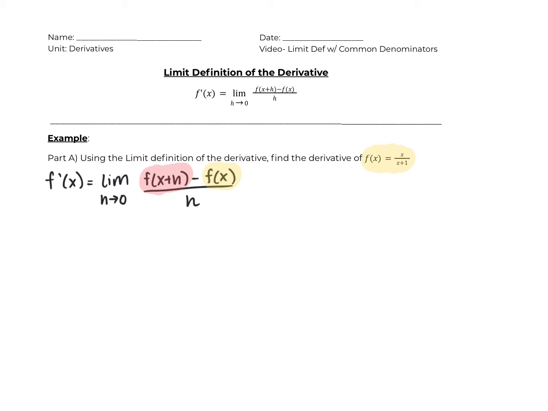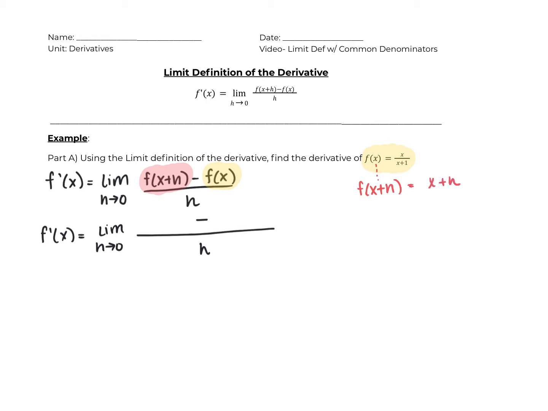So let's do that. f prime of x is equal to the limit as h approaches 0 of f of x plus h minus f of x all over h. So our f of x plus h, if I want to do that on the side, I can. f of x plus h means everywhere I see an x, I'm going to put an x plus h.